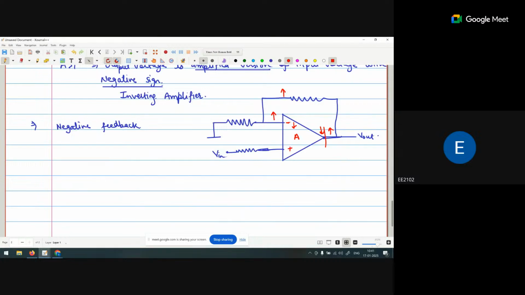So we identify the terminals, which one is the negative terminal, which one is the positive terminal of the operational amplifier for negative feedback. Any doubt in this one? No, no, sir. Okay. So we decide that this is a negative feedback when I connect this plug.